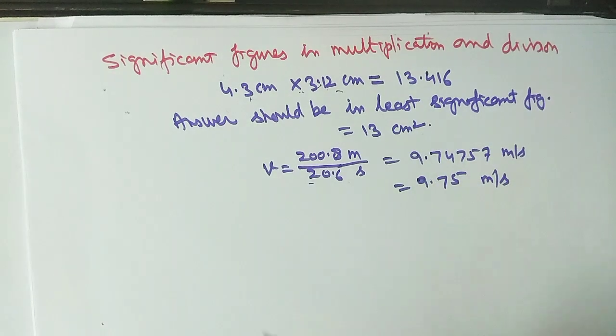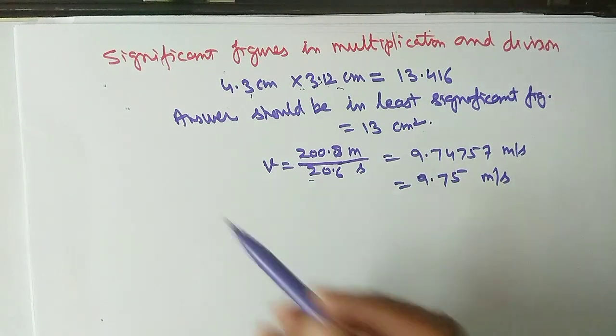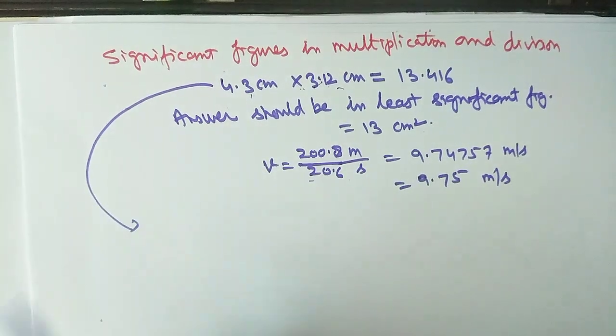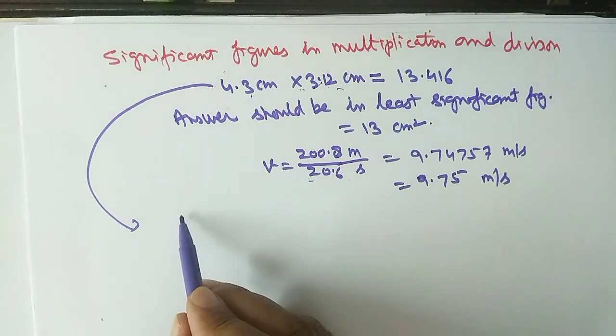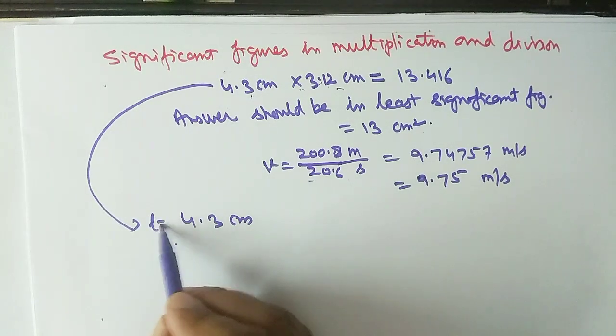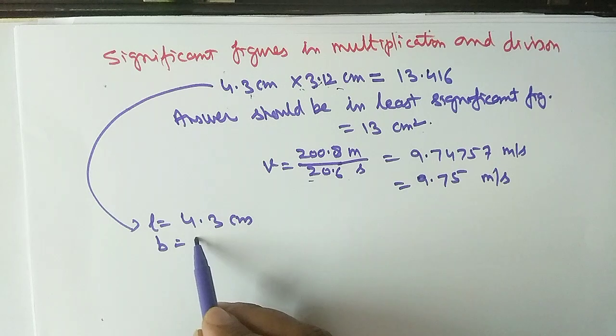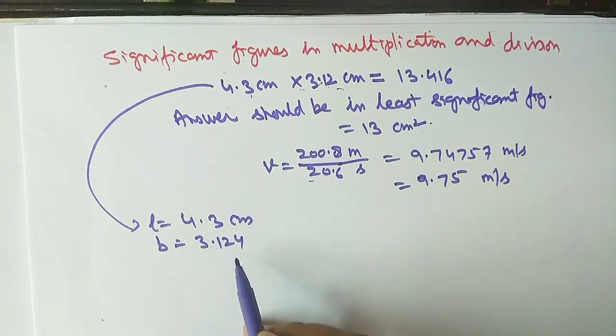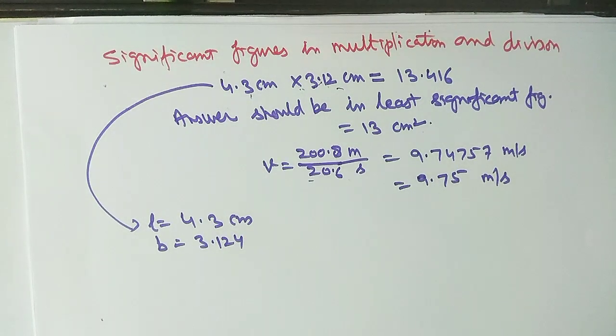Okay, but remember, in the first example, suppose the values given are 4.3 centimeter, the length, and suppose the breadth is given as 3.124.